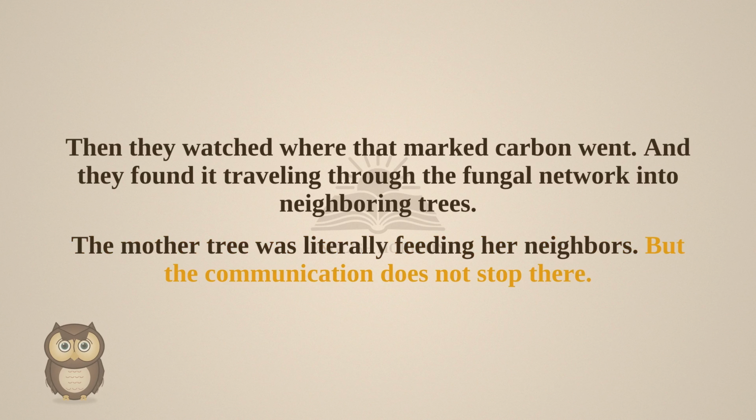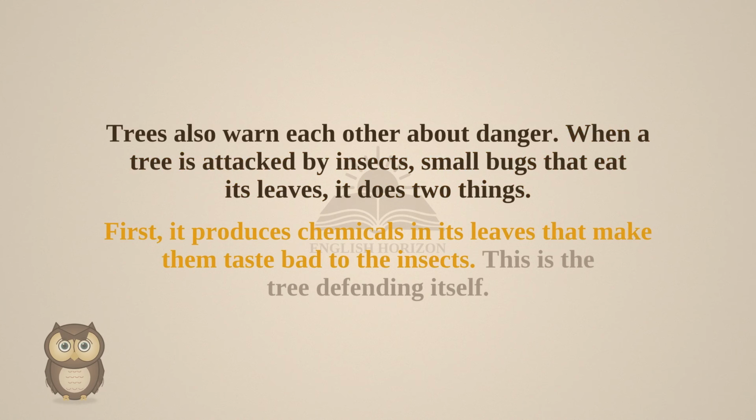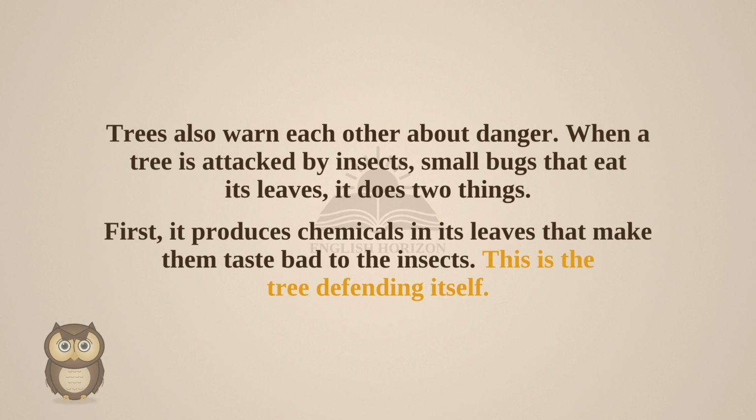But the communication does not stop there. Trees also warn each other about danger. When a tree is attacked by insects, small bugs that eat its leaves, it does two things. First, it produces chemicals in its leaves that make them taste bad to the insects. This is the tree defending itself.